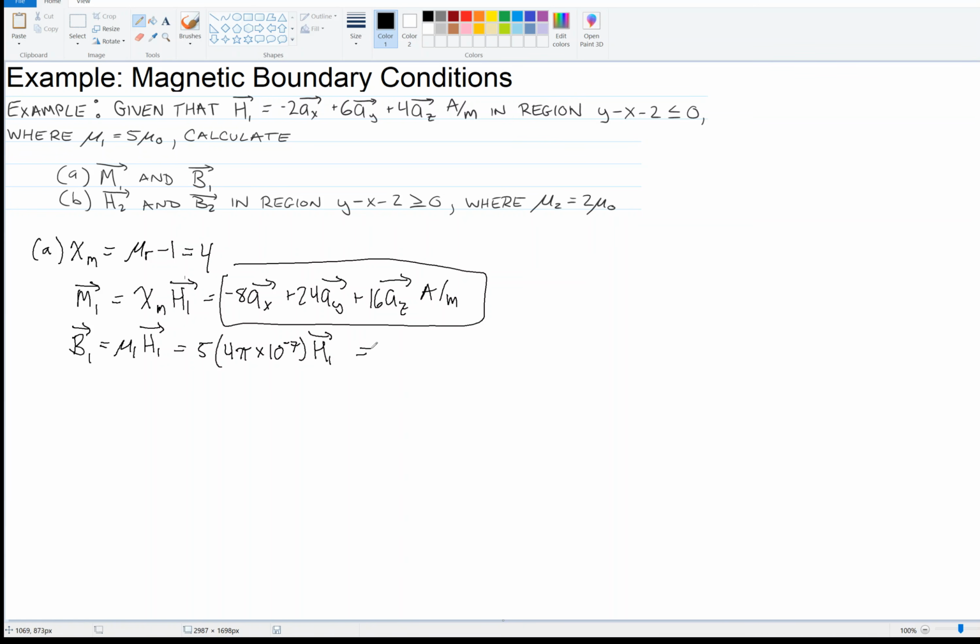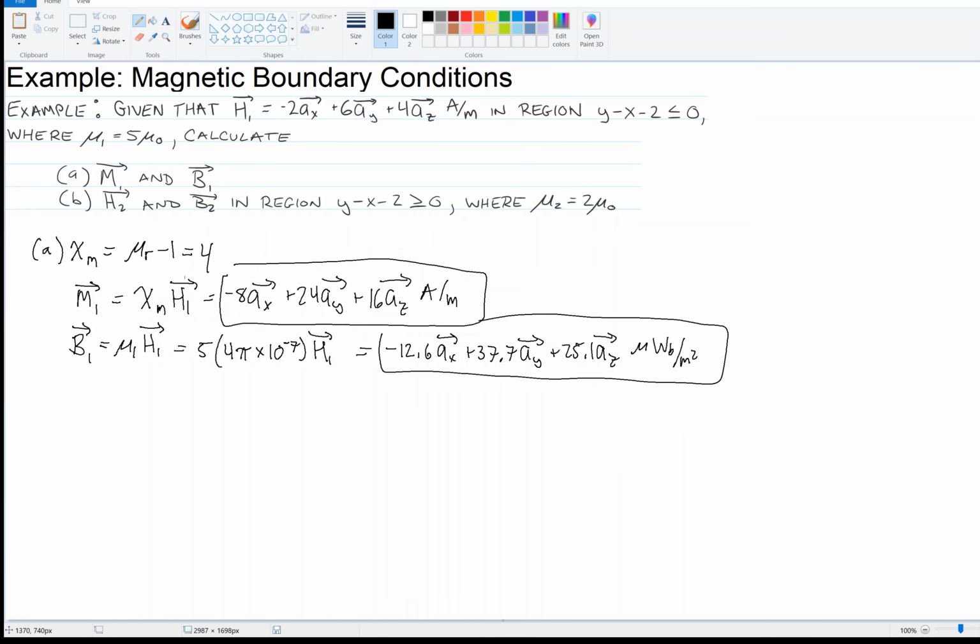So I'll let you punch out those numbers in your calculator, and then up to 3 significant digits, what you find is negative 12.6 ax plus 37.7 ay plus 25.1 in the z direction, and I've got that in microWebers per square meter. Micro, 10 to the minus 6. All right, so that's what we have for part A.